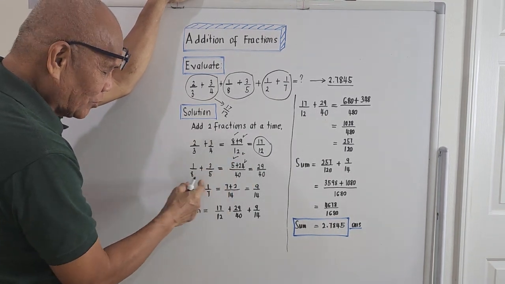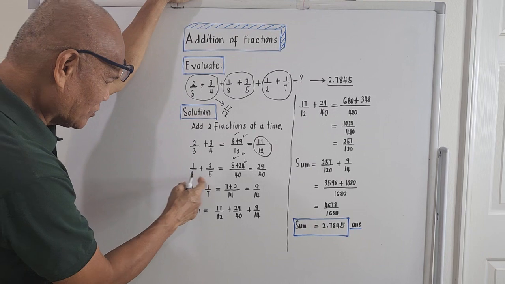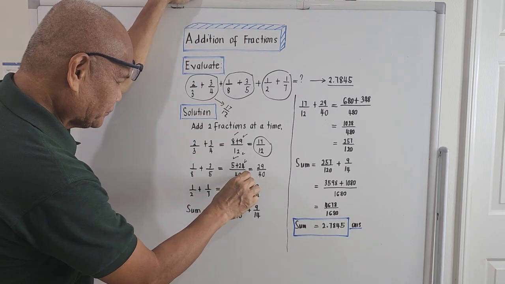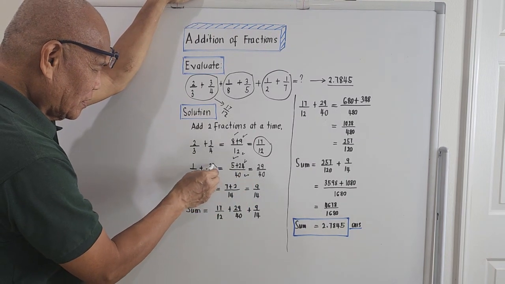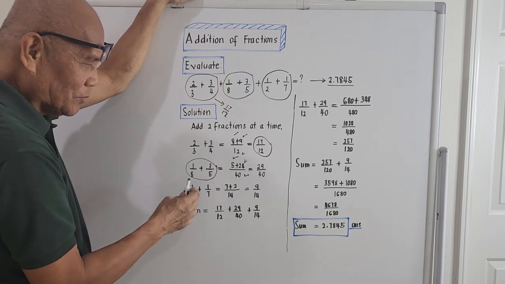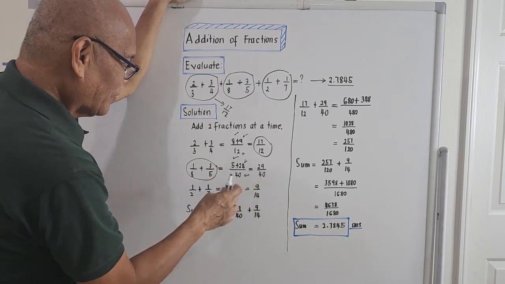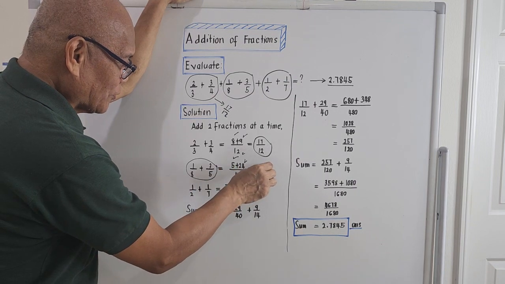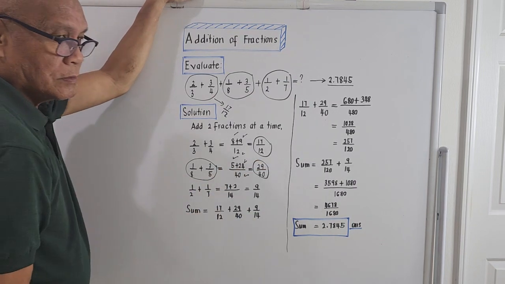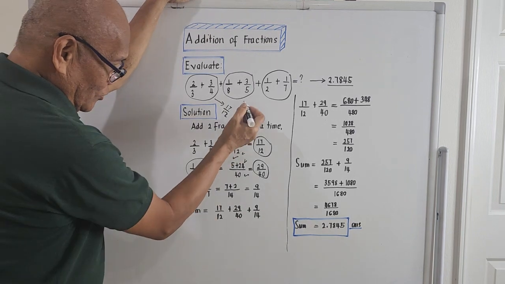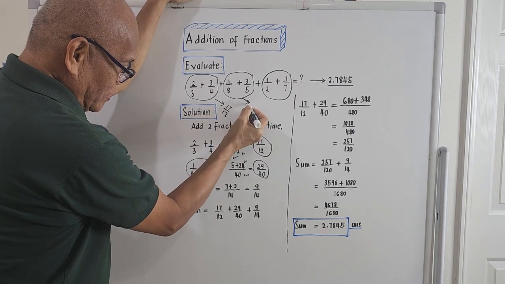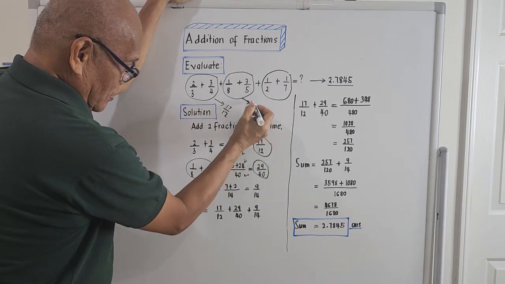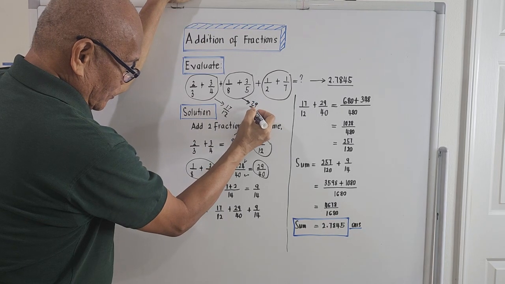The common denominator will be the product of 8 times 5, which is 40. The combined value will be the sum of 24 plus 5, which is 29/40. So we have taken the single equivalent of this, 29/40.